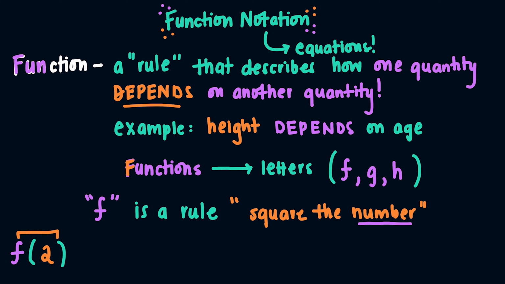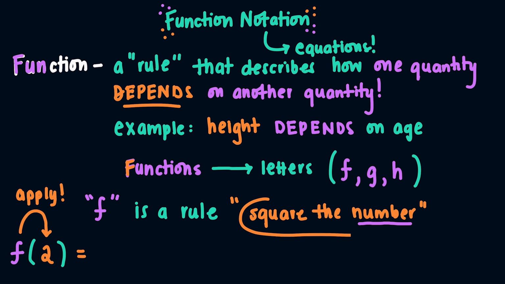Just keep in mind that this is not multiplication. I am not taking my function and timesing it by 2. What this is basically saying is apply the function to number 2. Well, applications. What are we essentially going to do?